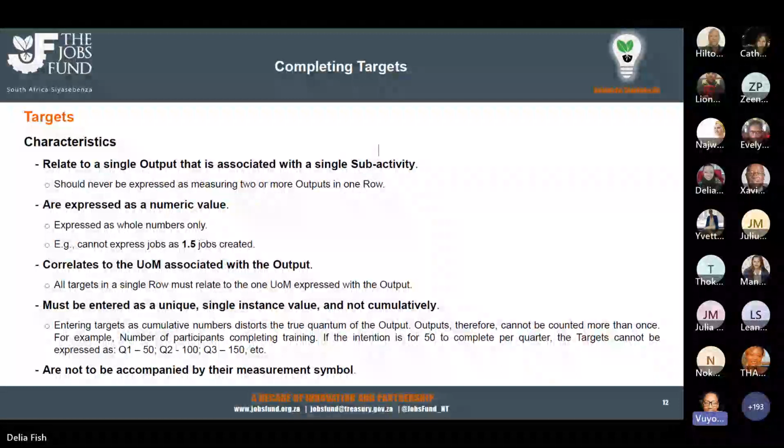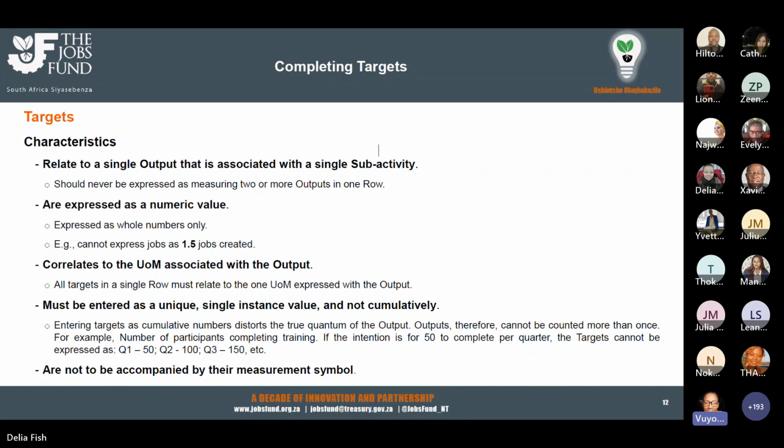They also must be unique entries in a particular quarter. The example we give here is the number of people completing training. You anticipate that for the first year, you are going to have 50 people completing training per quarter, because ultimately you will have 200 people at the end of the year who have successfully completed training.